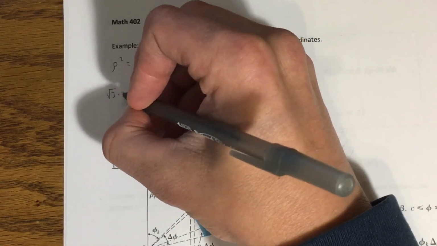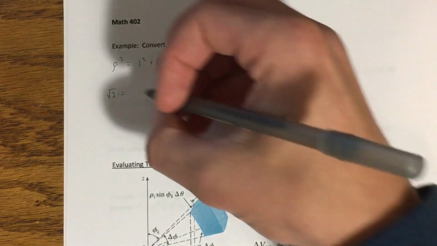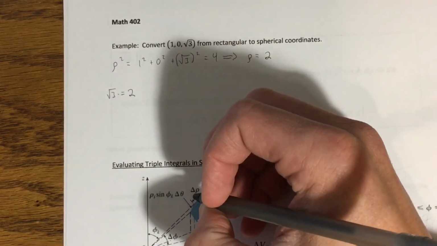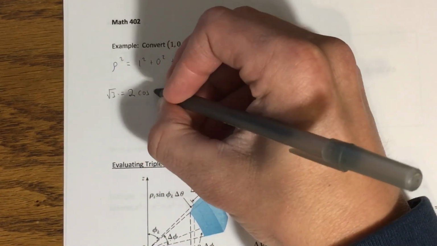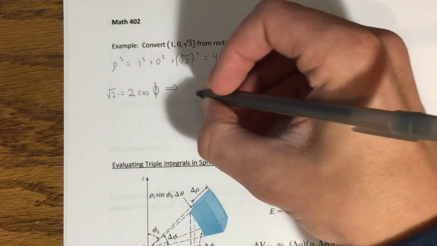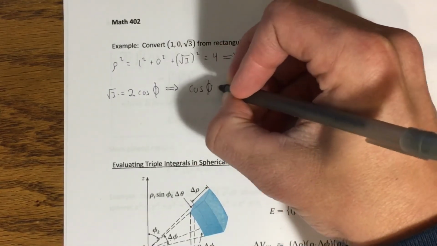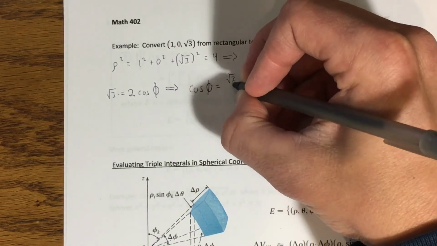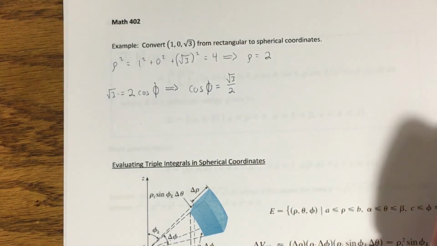That's something that I can solve for. So z, which is root 3, is equal to rho, which we just found to be 2, cosine of phi. Or cosine of phi is equal to root 3 over 2.